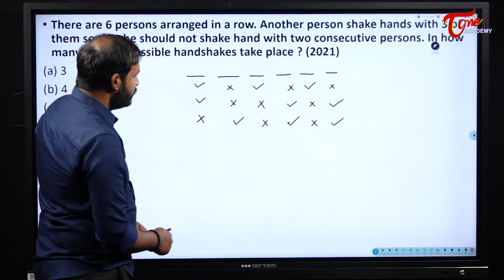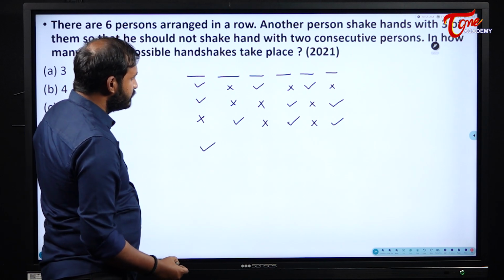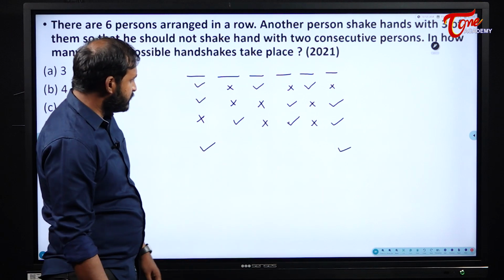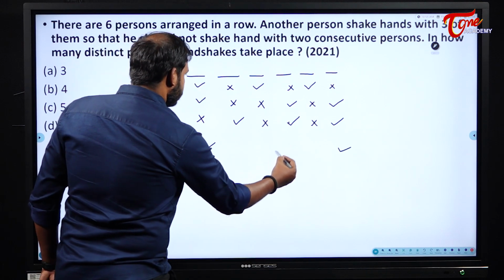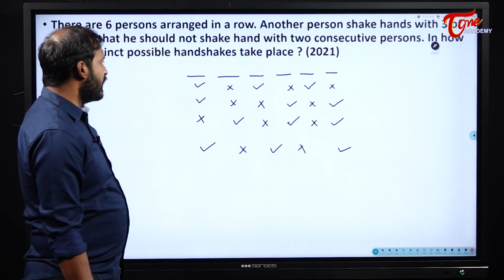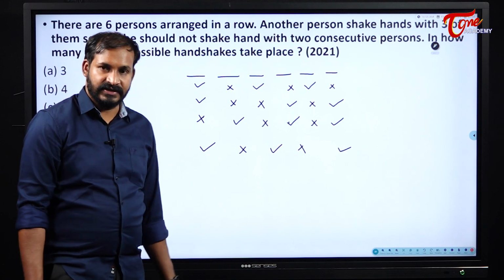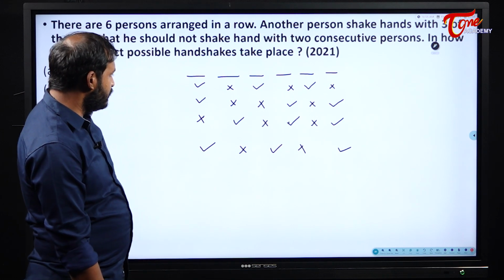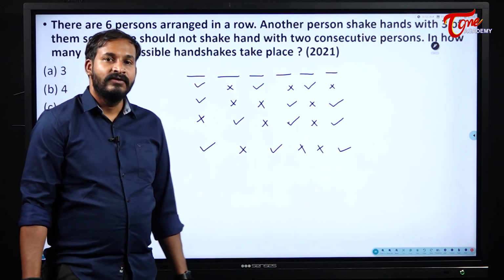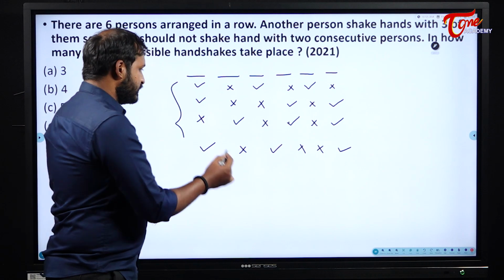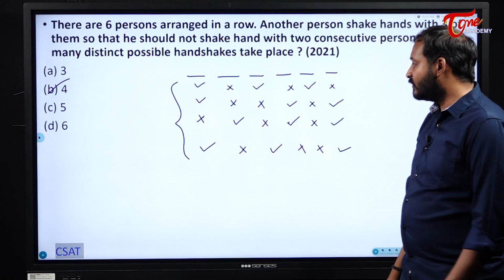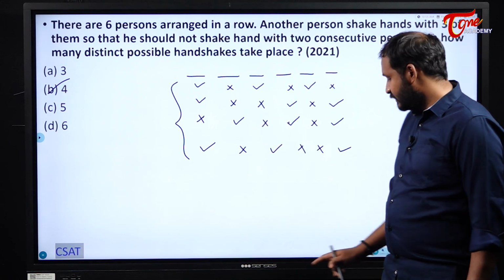Or else, if he shakes hands here, 2 persons are done. And if he shakes hands here, okay, this is a chance for us. This is another chance for us. So total how many chances do we have here? Total 4 chances. So like this, he can do the handshake. Right? Next one.